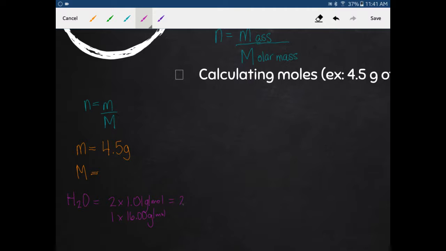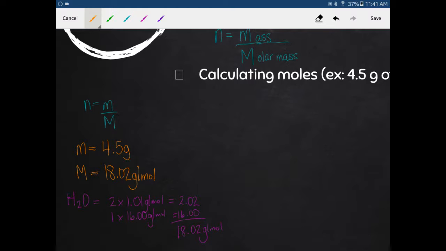So this equals 2.02, and this equals 16.00, which gives me 18.02 grams per mole. Okay, so I can write that value in, 18.02 grams per mole.